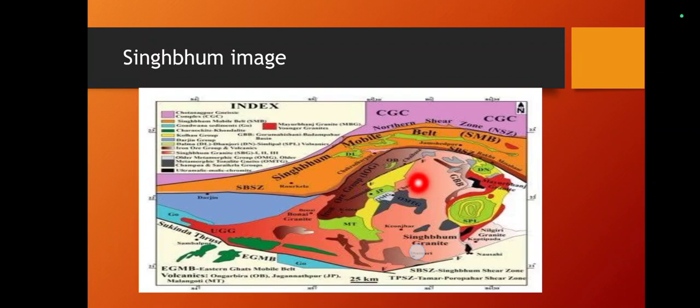It later converted into tonalitic composition, and here you can see the iron ore group formation above the OMG and OMTG. This is surrounded by OMG and OMTG, and this red one is your Mayurbhanj granitic complex, which marked the final stabilization of the Singhbhum craton.